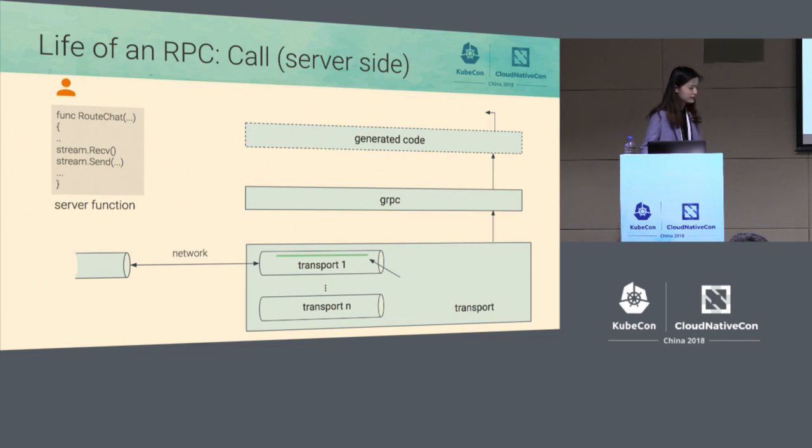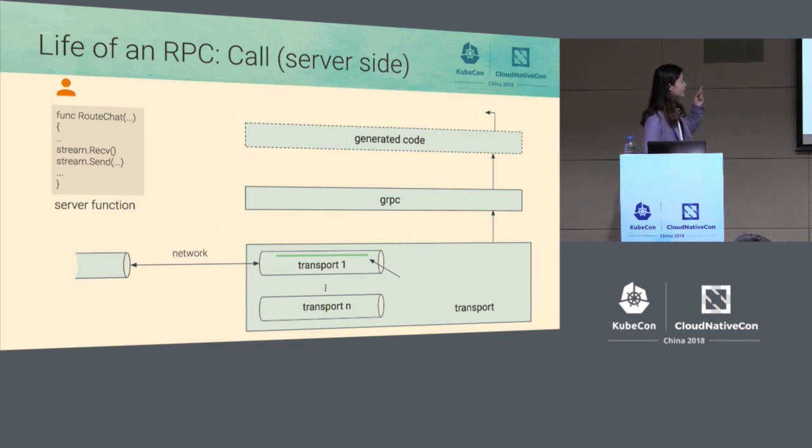So let's look at how the call is initiated on the server side. Before we look into the steps, I want to clarify our service handler registration a little bit. So usually, the user will use generated code to have a better programming interface.